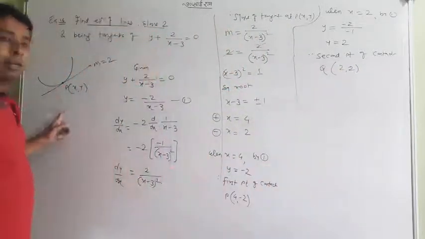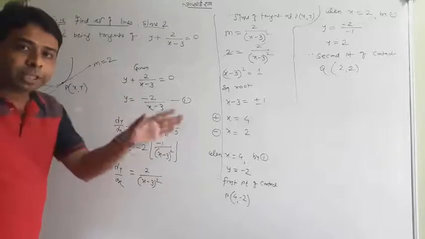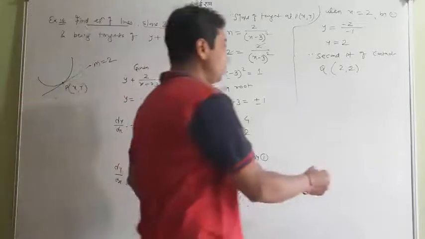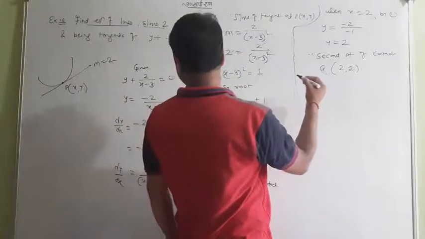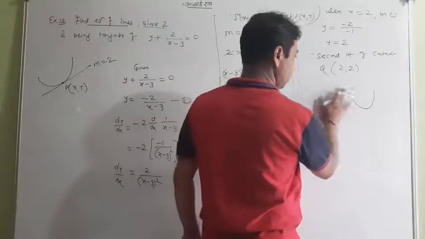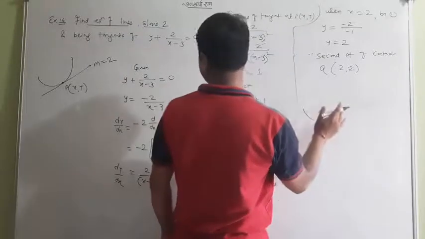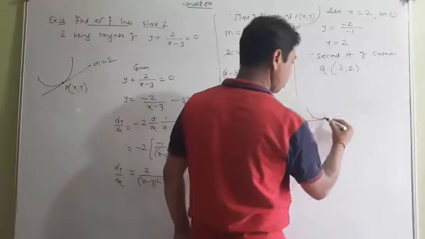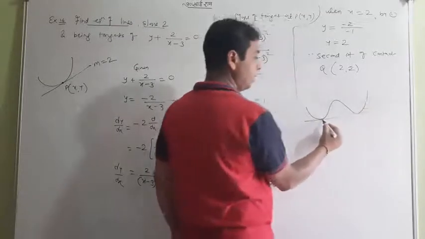In the picture Q is not there, because I made the picture with a single point of contact. Now it may be possible that the figure looks like that, where 2 points of contact are there, like here and here.